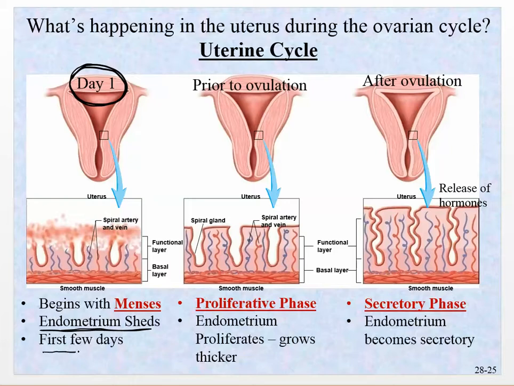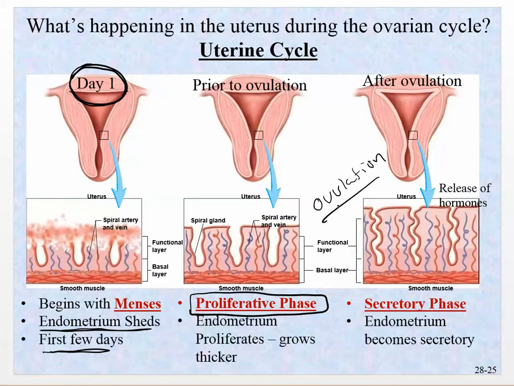So we call that the beginning of the uterine cycle. The first few days we call menses. And after that has been shed, it's time to develop it again, so we call that the proliferative phase. It proliferates and starts to develop again. The endometrium, this layer here, proliferates and starts to grow thicker, and then we have ovulation.